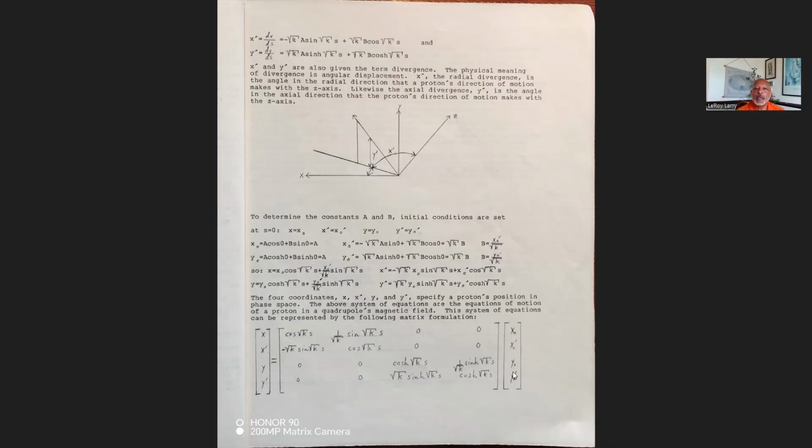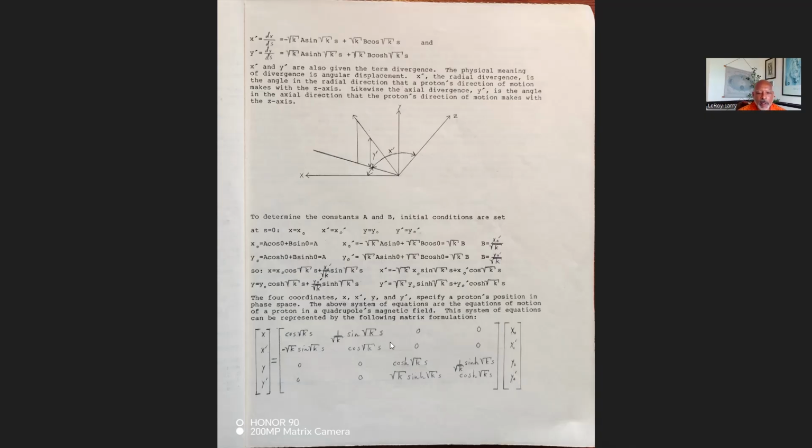And y prime, that's how much the vertical position of that proton has changed with respect to going down the z-axis, okay? Not with respect to time, neither one, but with respect to that proton's distance through the page, down the z-axis, okay? So, you have 4 elements, x, x prime, y, and y prime.